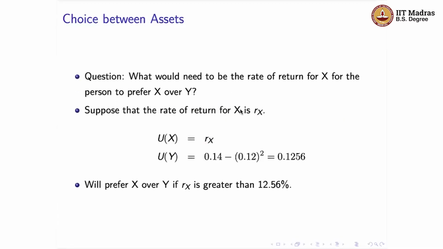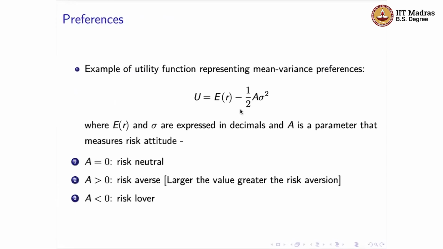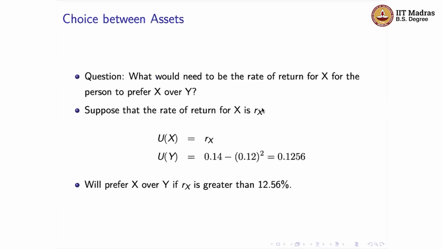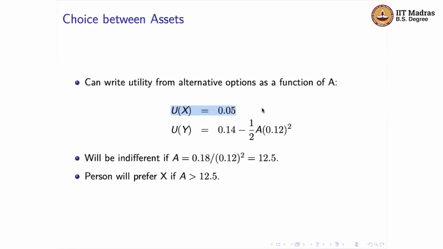So then if we go back here, we are going to have this as 0.14, and the sigma we had calculated as 0.12. But now instead of putting in A equal to 2, we want to write this as half A, right? So if we put in all this information, we end up getting that U of Y is 0.14 minus half of A, 0.12 squared, right?